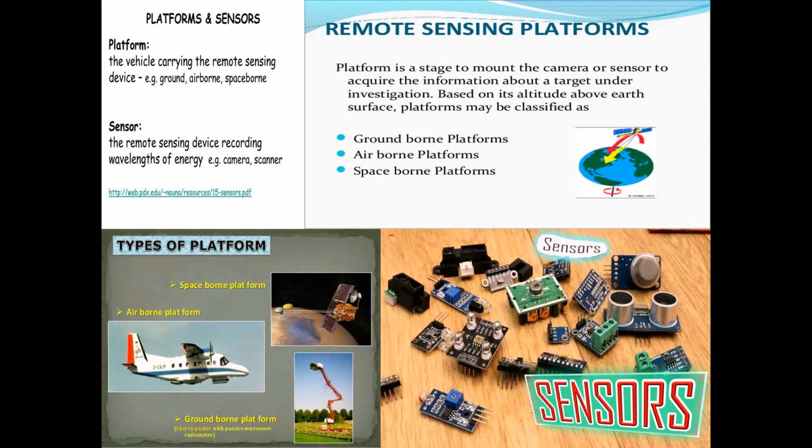There are different types of sensors for collecting wavelength energy and converting it into information for the users. This is the first unit for RS and GIS: what is remote sensing, what are the principles of remote sensing, what are the platforms, and what are the sensors.